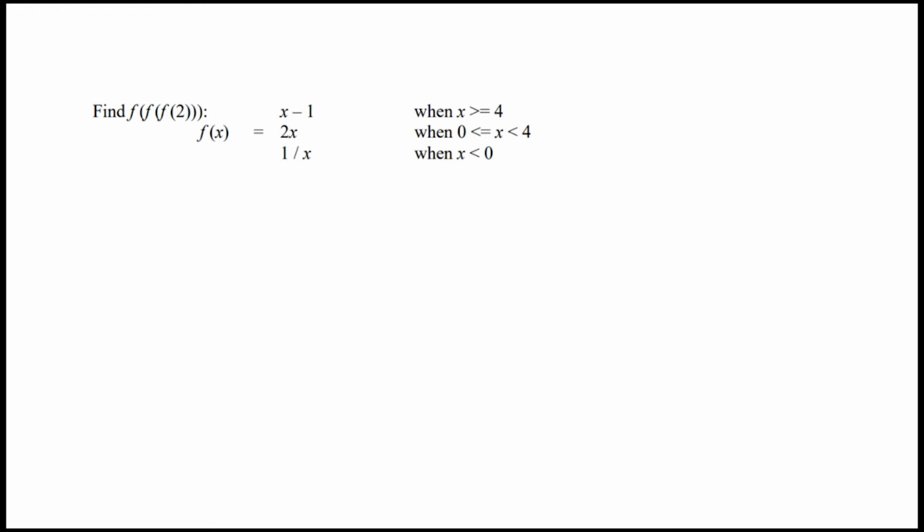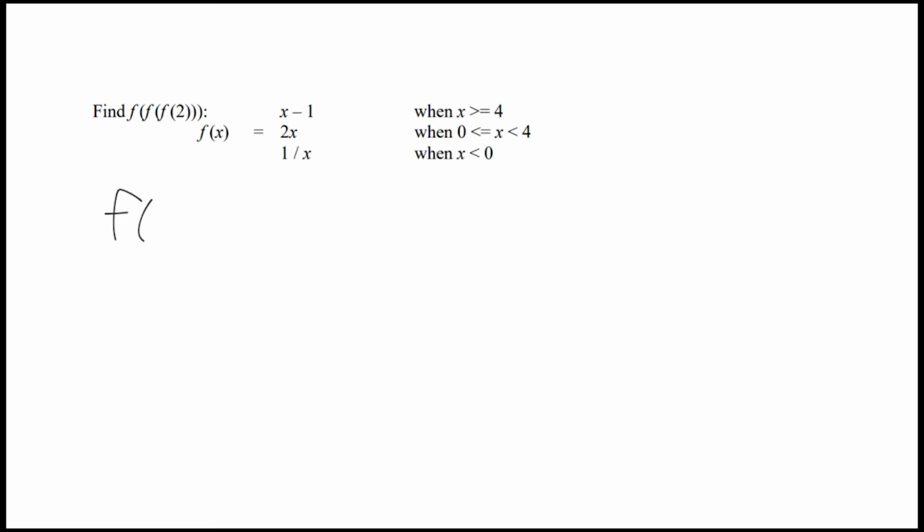F of x equals x minus 1 when x is greater than or equal to 4, 2x when x is greater than or equal to 0 but less than 4, and 1 over x when x is less than 0. And you'll notice that this function itself, it doesn't call itself in any of these conditions. And so in fact, whatever value of x we plug in will evaluate to something.